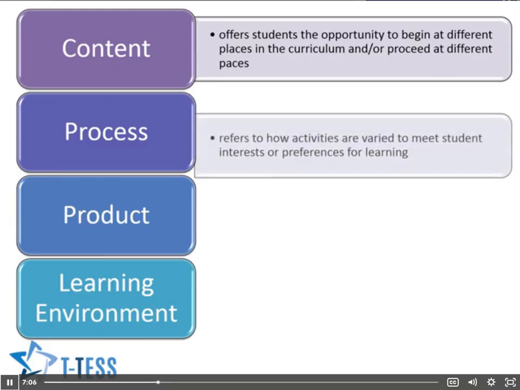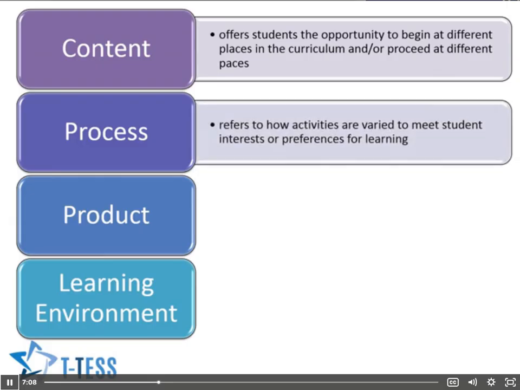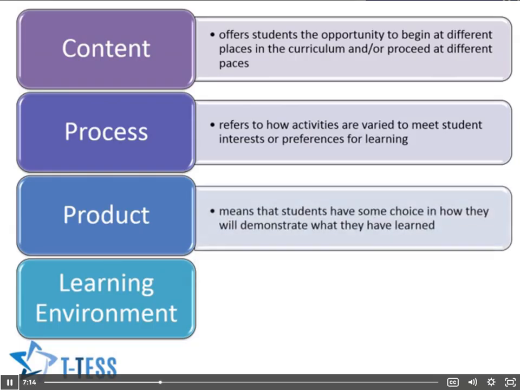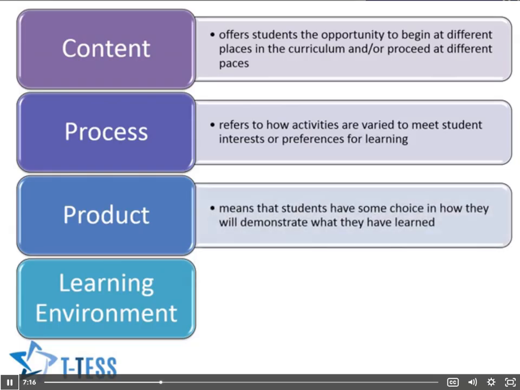Differentiation of process refers to how activities are varied to meet student interests or preferences for learning. Product differentiation means that students have some choice in how they will demonstrate what they have learned. The use of product choices is a common way for students to meet the required learning objectives while tapping the students' areas of strengths and increase motivation.